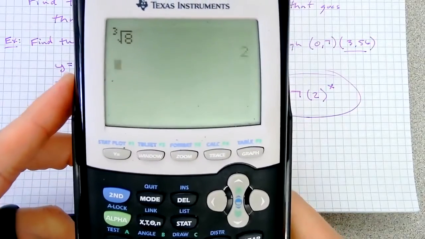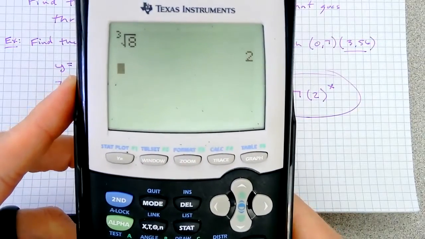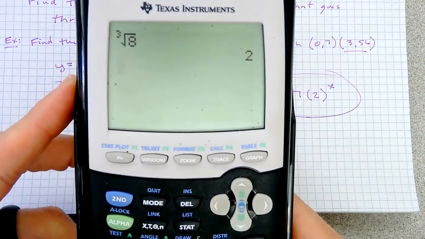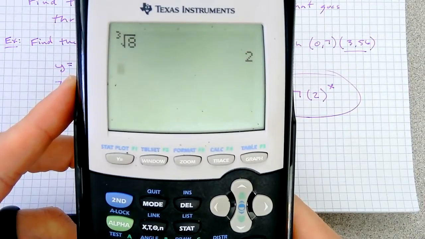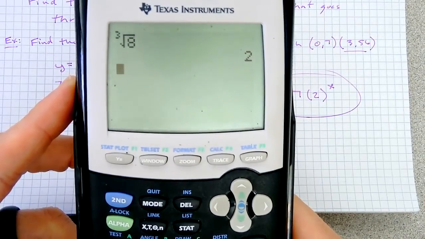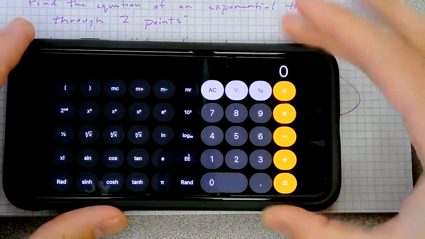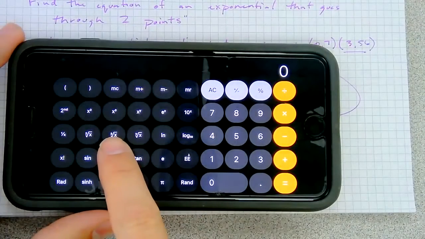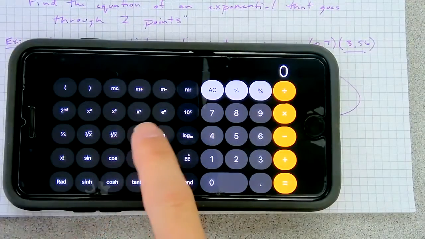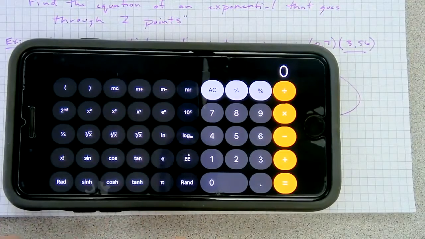In this case, cube root of 8 equals 2. If I was trying to do it on my phone, they have the third root button right there, but if not, they have the y raised to the x button as well.